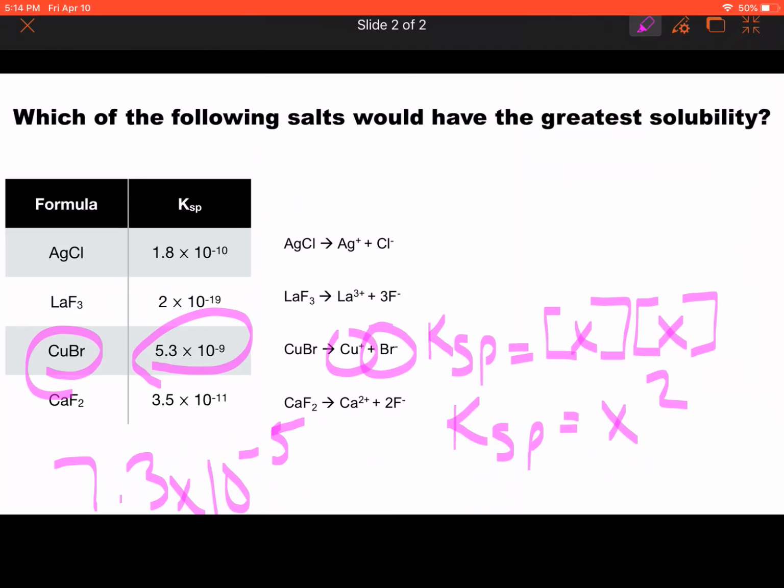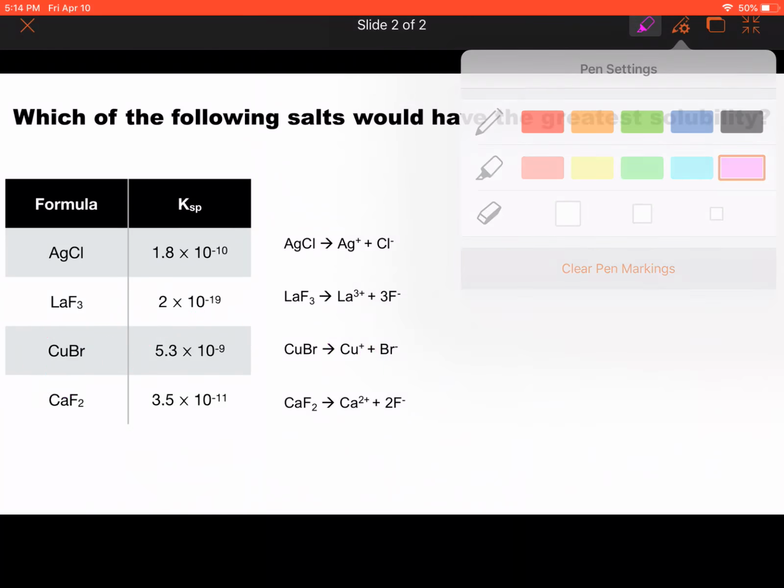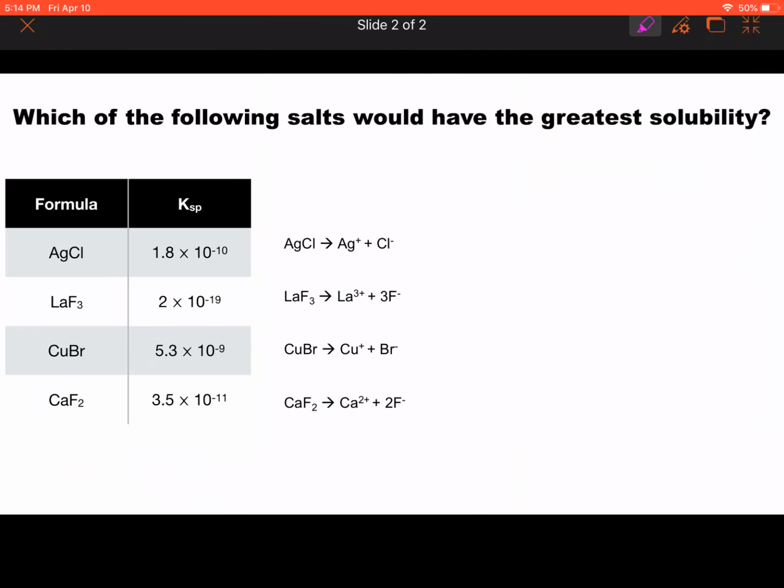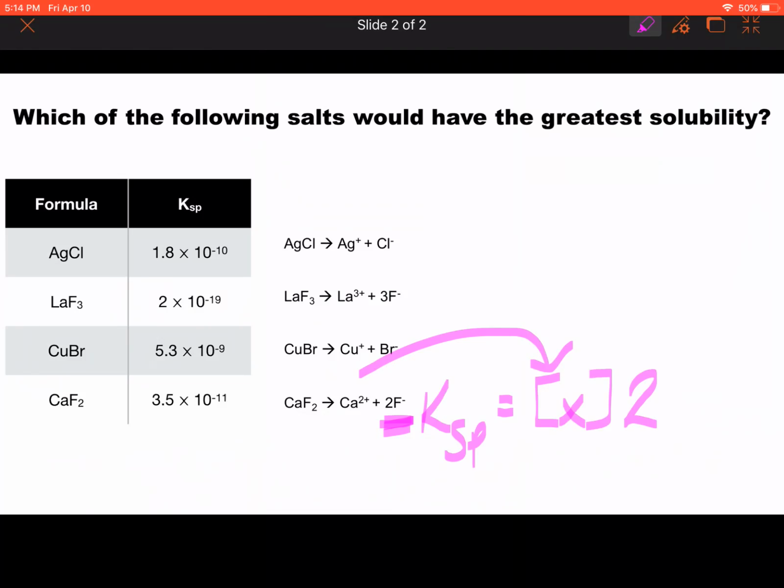Last one. So Ksp is equal to x, right, 1 calcium times 2 fluorides. So for every 1 calcium produced, we make 2 fluorides. So we have to do 2x, and whatever that coefficient is, we have to raise it.